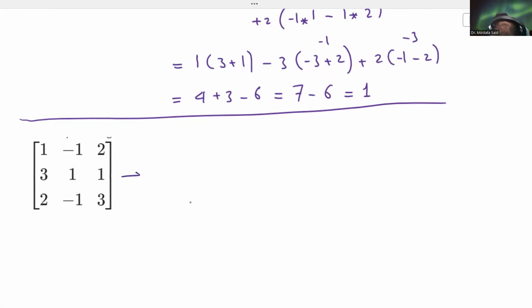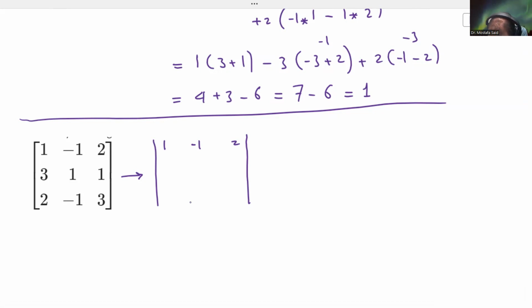Okay, so what are we going to do? Let's start with the 3. The first row will be the same, it's 1. Then you're going to multiply the first row by 3 and subtract it from the second row.